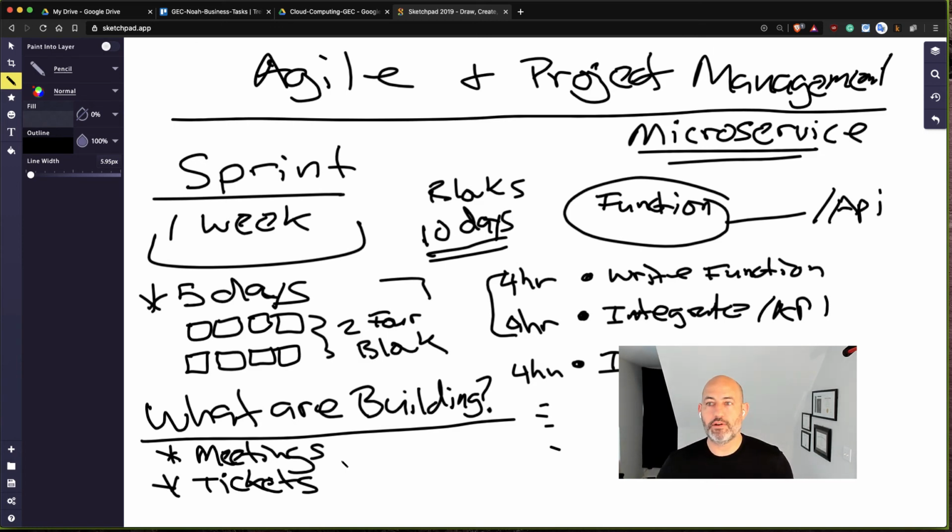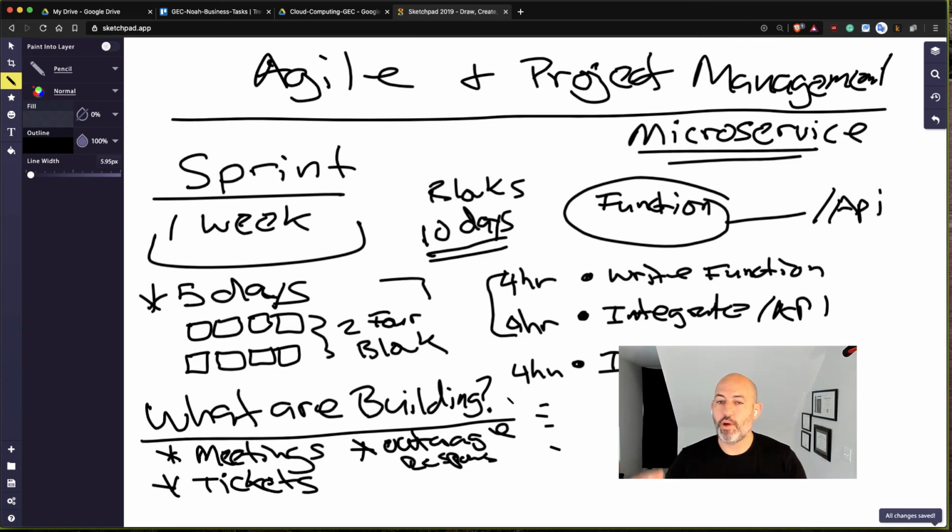Nothing came out of the factory. There's no microservice. So your company's building tickets. You're building meetings, you're building tickets. Another thing that could happen is you could be having outages, and so your company is building responses to the outages.